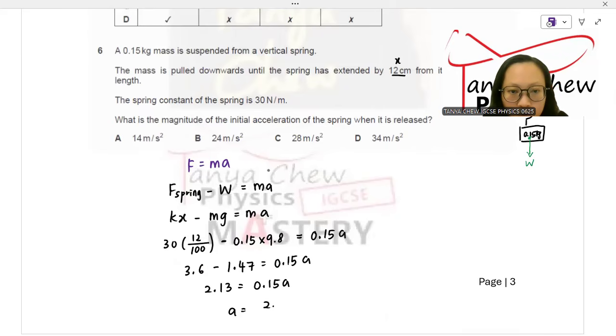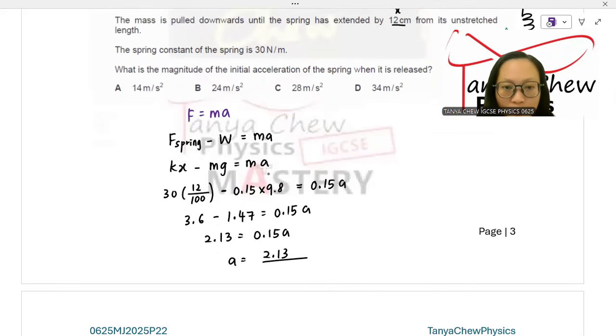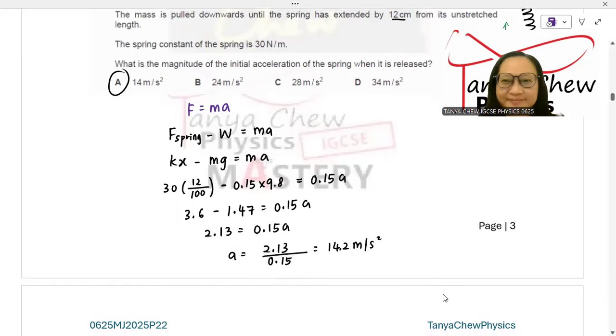So a is equal to 2.13 divided by 0.15. That gives you 14.2 meter per second square. So the answer is A. Round it off to 14 meter per second square.